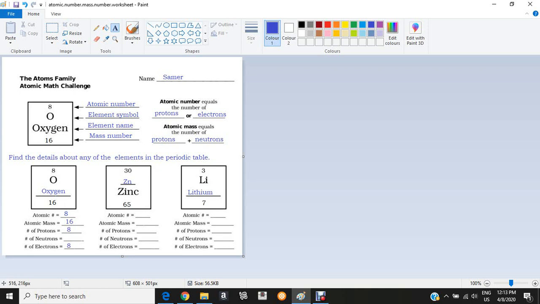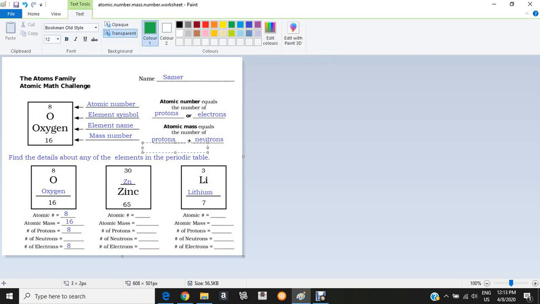If I want to find the neutrons, and I have the atomic mass and the proton number, then the number of neutrons, and I'm going to write that in a different color, let's say in green, equals atomic mass minus number of protons.